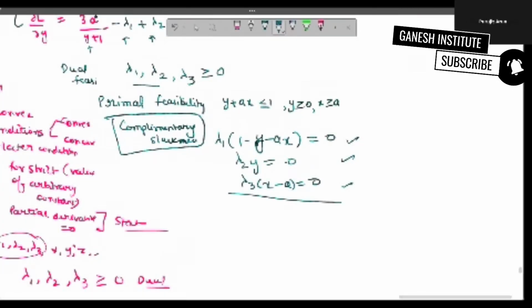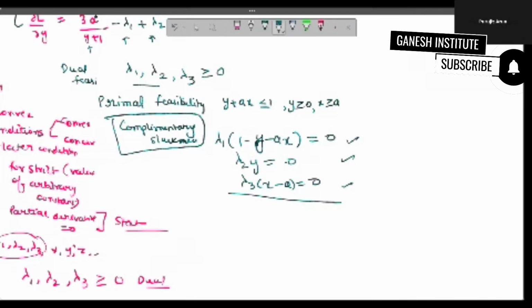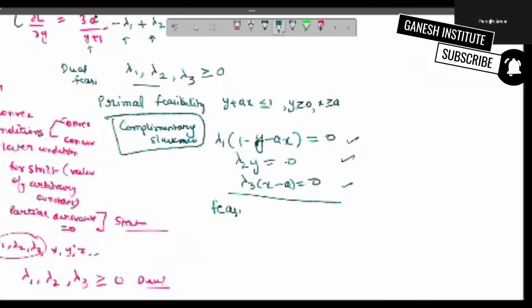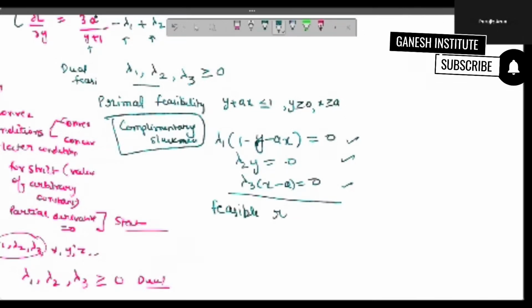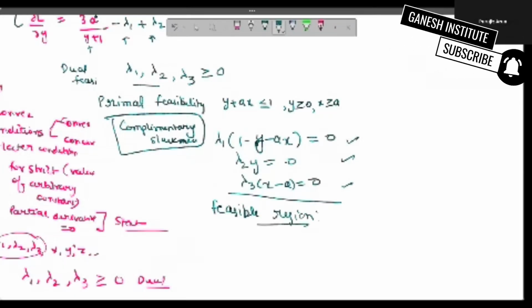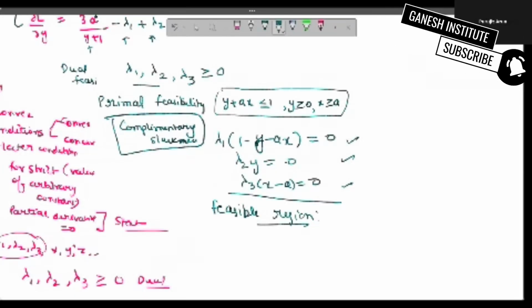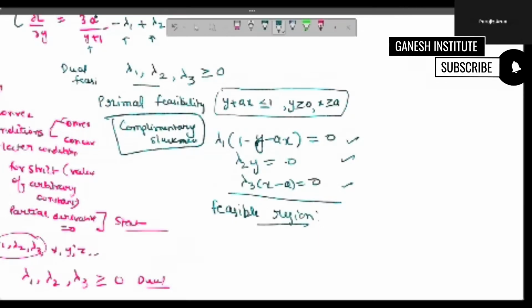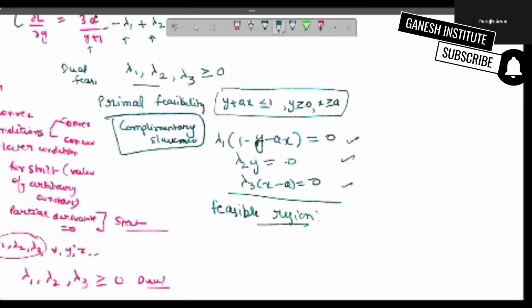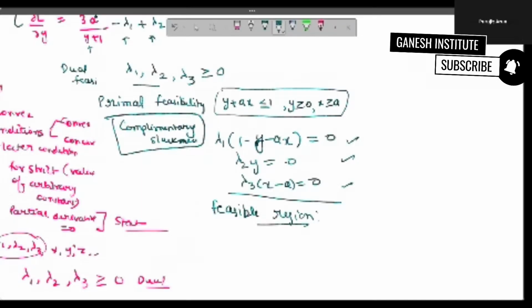So for value of A, if I have to find out, I need to check the feasible region wherein A lies. So what is given to me? Again, I'm not writing again. These conditions are given. So then what can be the smallest possible value of X?